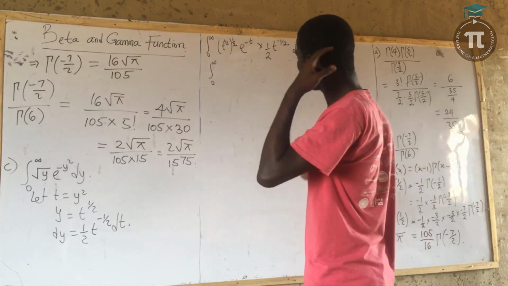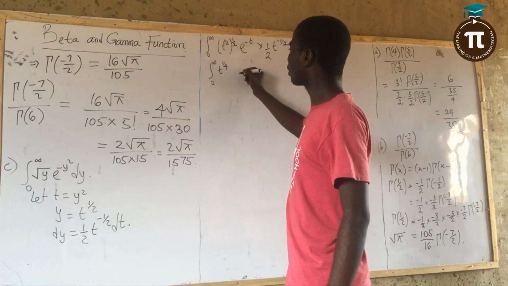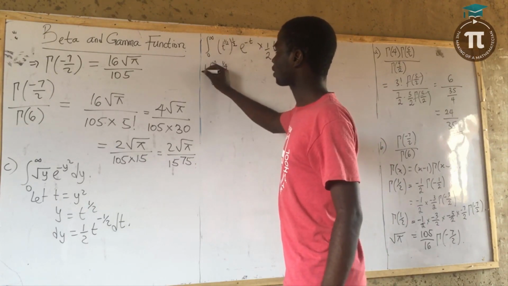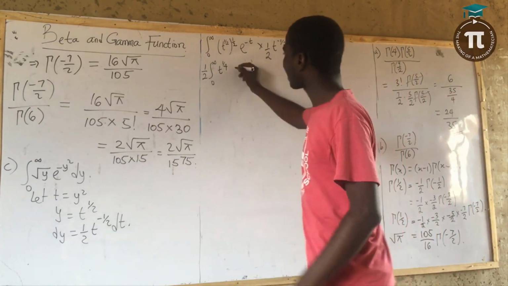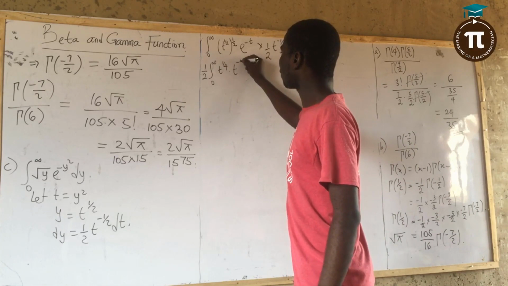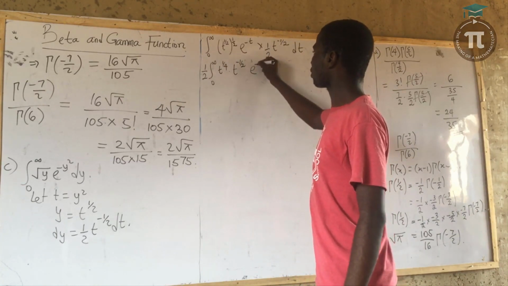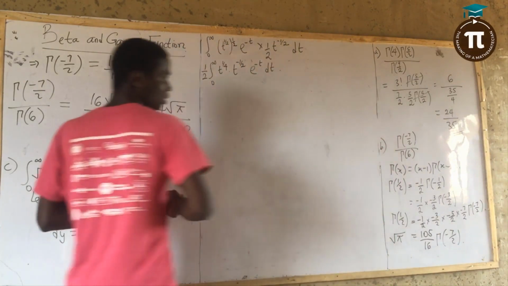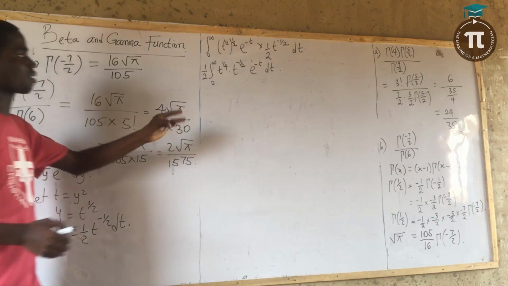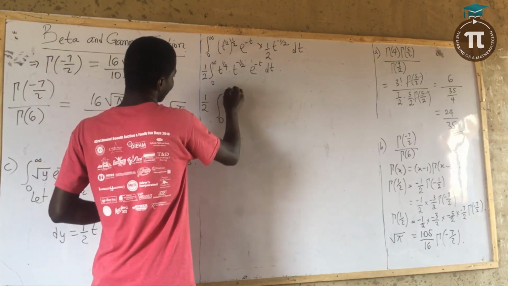Open this bracket. This will become integral from 0 to infinity of t raised to the power of 1 over 4. 1 over 2 is a constant, it can come outside. So I have multiplied by t raised to the power of minus 1 over 2 e raised to the power minus t dt.